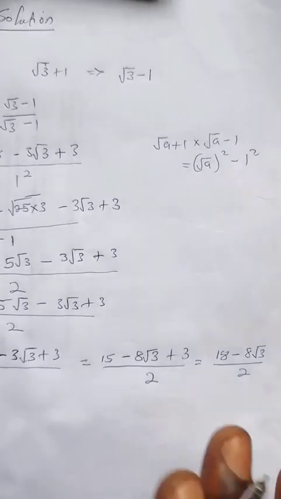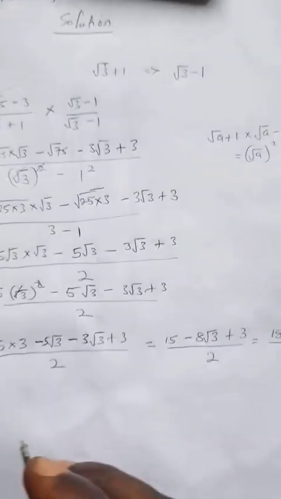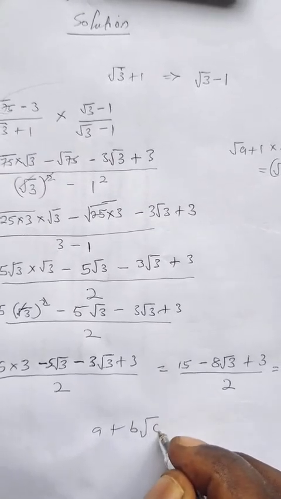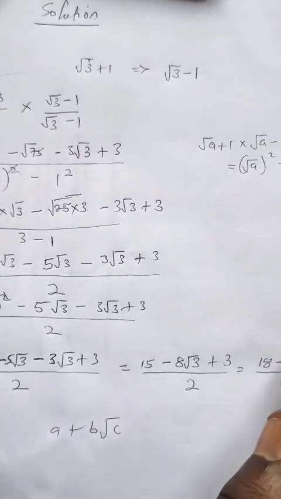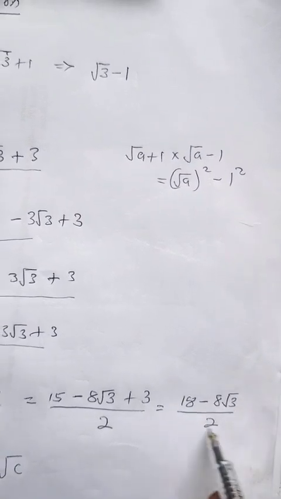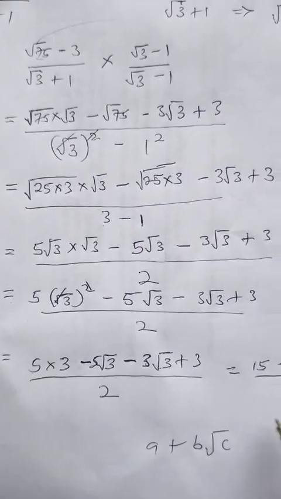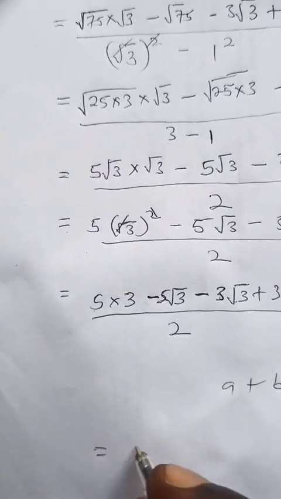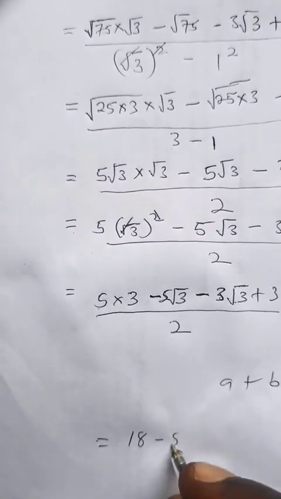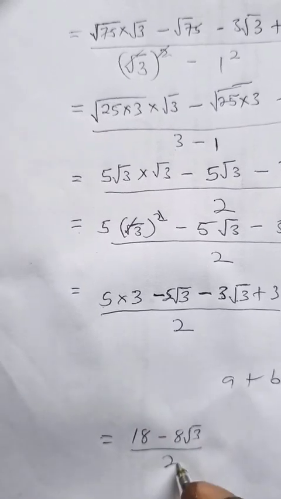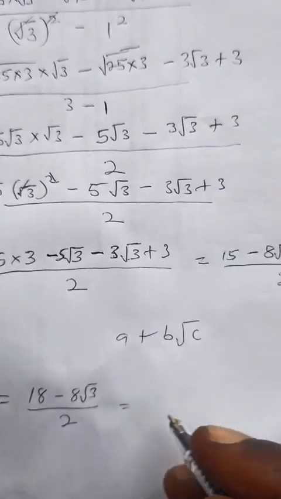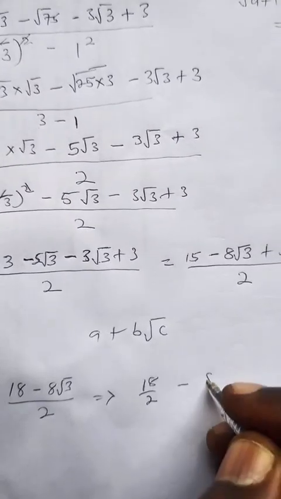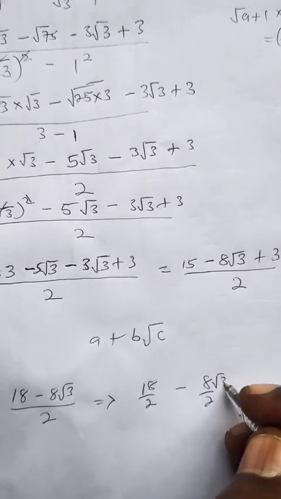Now, we recall that they say we should leave our answer in the form a plus b root c. So let's break down this value to look like this. 18 minus 8 root 3, all divided by 2, will become 18 divided by 2 minus 8 divided by 2 root 3.